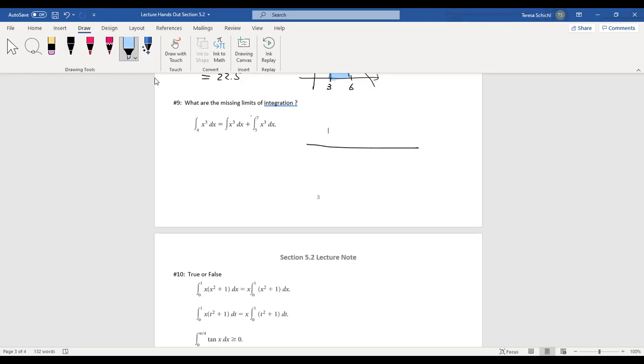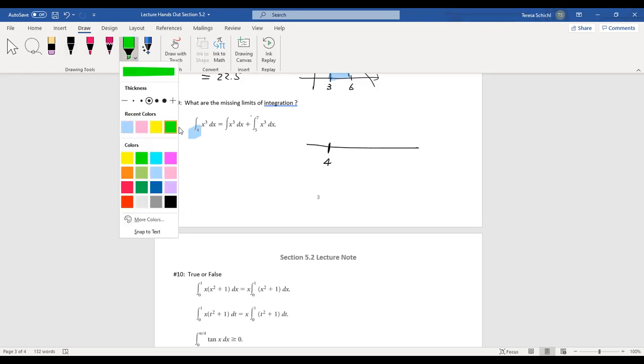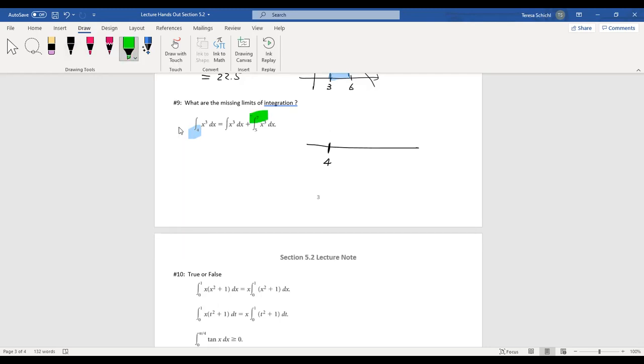I'm starting at 4, I'm starting integrating at 4. And then I break it into several parts, right? Then I notice I'm ending at 7, right? So it's 4 to 7, because this is the ending point.